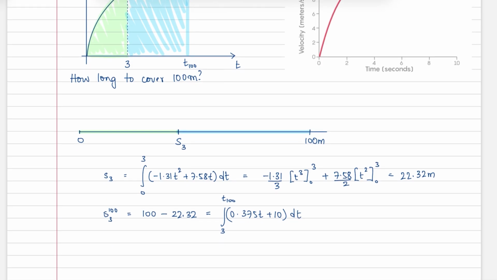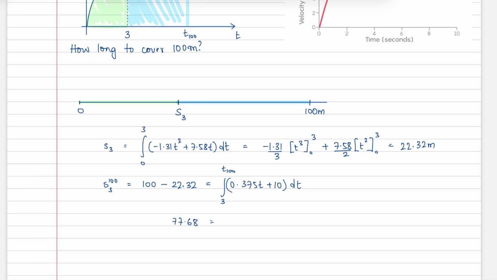This much dt, which on the left hand side will give me 77.68 is equal to, on the right hand side you get 0.375 over 2 t squared going from 3 to t100 plus 10 times t from 3 to t100.